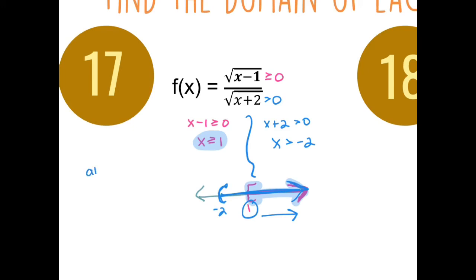So this is all real numbers such that x is greater than or equal to 1. So we have to take the more restricted inequality here. It would start where they overlap, which happens at 1 and greater than 1. Greater than or equal to 1.